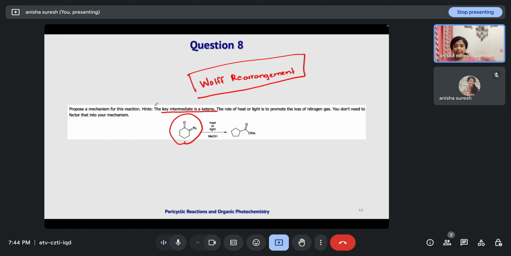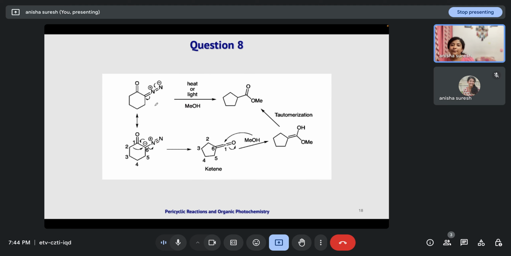Okay, now let us see the mechanism. So this alpha diazo compound, it can rearrange in this fashion. So it can be shown like this species. Okay, now this can easily undergo elimination of nitrogen.